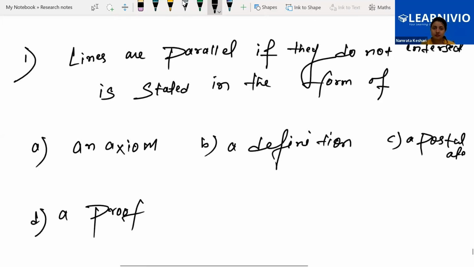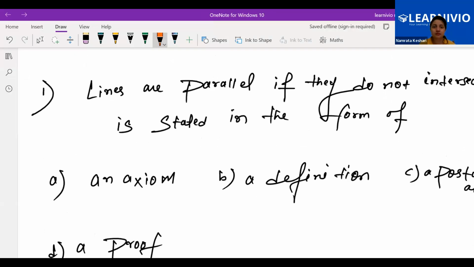Any idea? Which option is the correct option? Anyone? Option A, an axiom. Arhan is saying option A. Is it so? When we were discussing the axioms, did we discuss something about parallel lines?